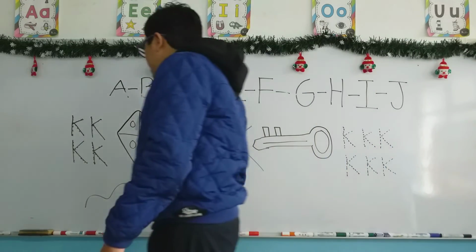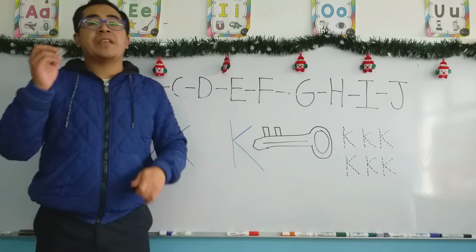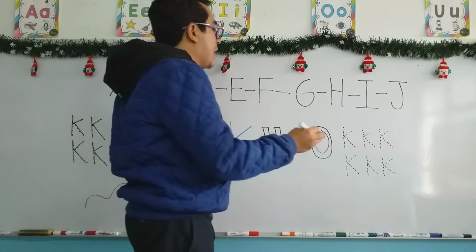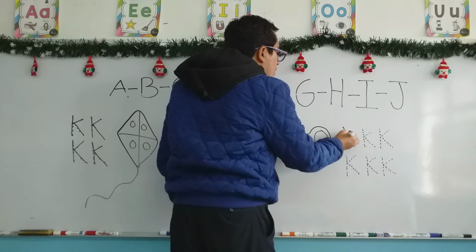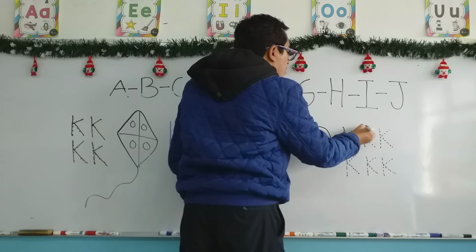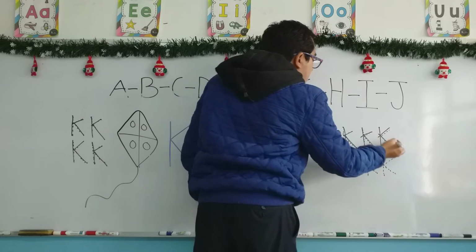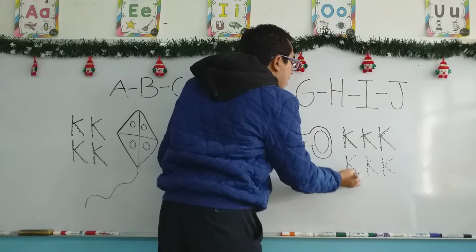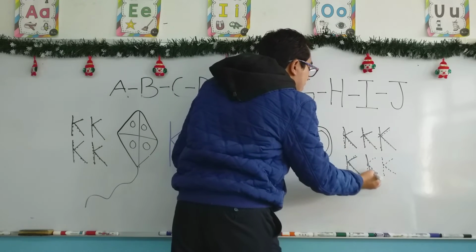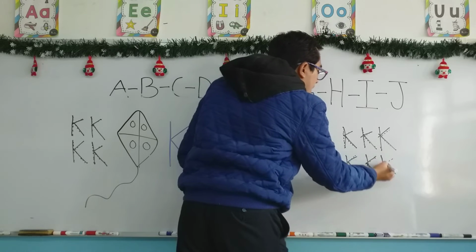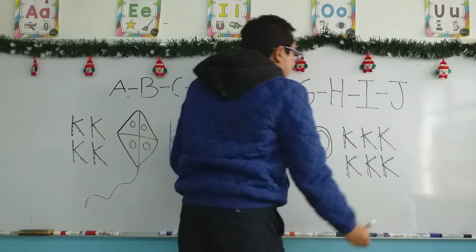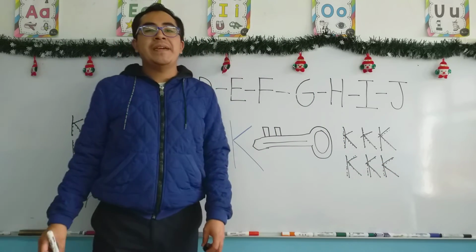Once again, the important part here is the tracing of the capital K. While we are tracing correctly each one of the letters, we repeat the name of it. Capital K, capital K, capital K. Okay?